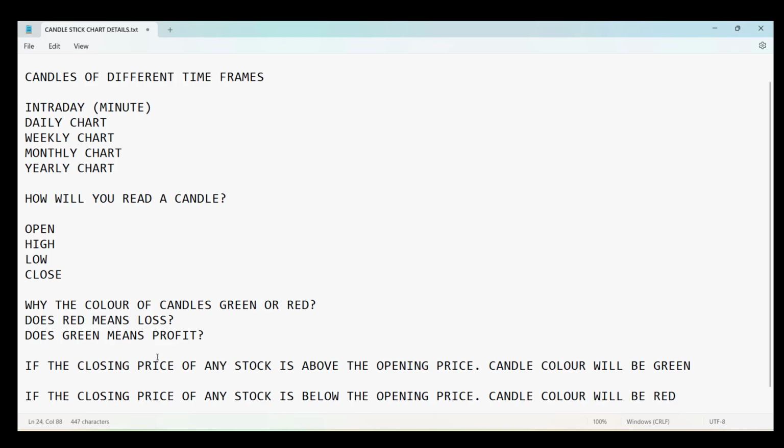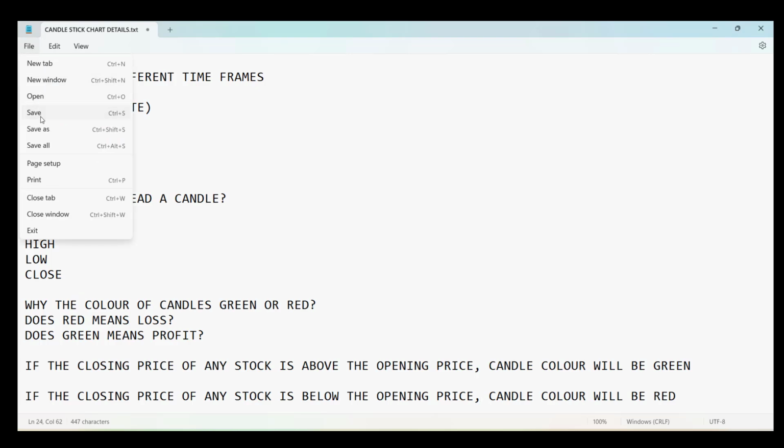Simple. So basically, if prices open at some point and the closing is above the opening price, then it is a green candle. And if the closing price is below the opening price, the candle color will be red.